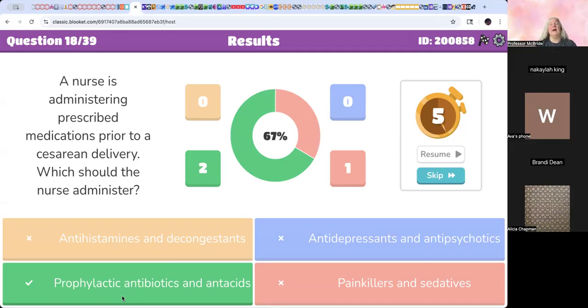Antacids, because if she's laying on her back and she vomits, which sometimes happens, we don't want her to aspirate really acidic stomach contents. The reason that red isn't the better choice is we don't need to sedate her. We could do pain management, but usually they can do that with either a spinal or an epidural. So we don't need to give her painkillers necessarily, and we definitely don't need to sedate her. But we do need to give her antibiotics and minimize her stomach acid.